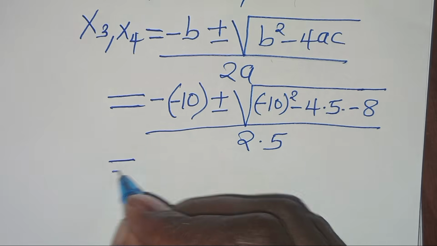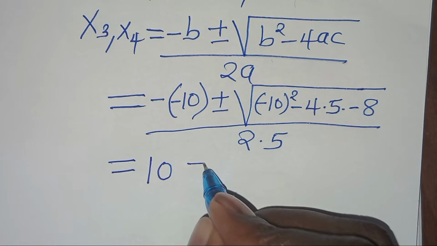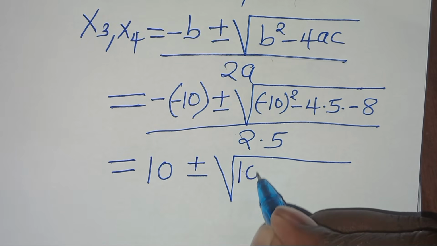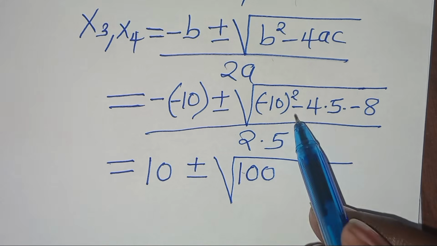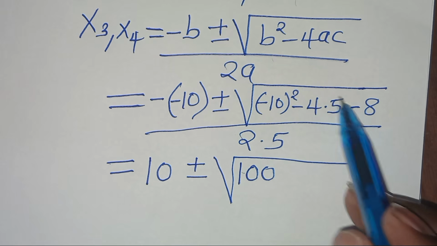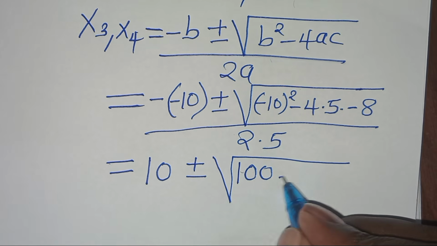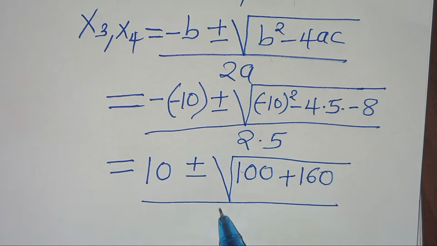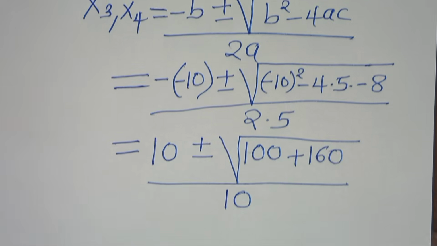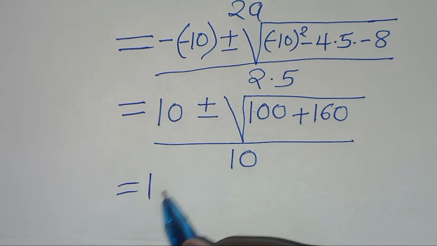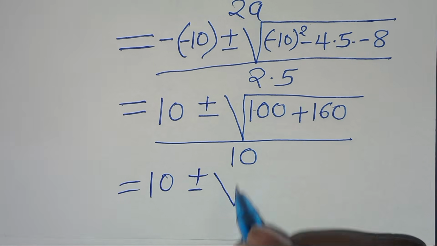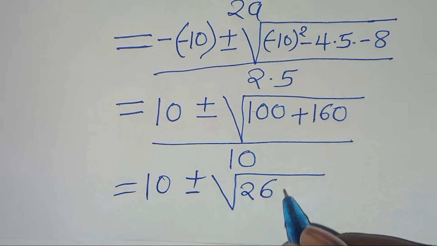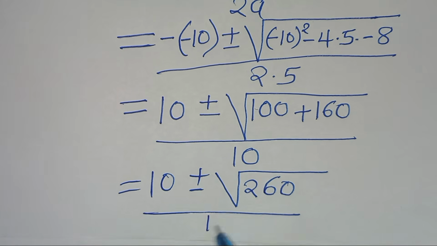So this is negative times negative 10, this is 10, plus or minus the square root of negative 10 squared, this is 100, then negative 4 times 5, this is negative 20, times negative 8, this is plus 160, everything divided by 10. Now here we have 10 plus or minus the square root of 100 plus 160, this is the square root of 260, then divided by 10.